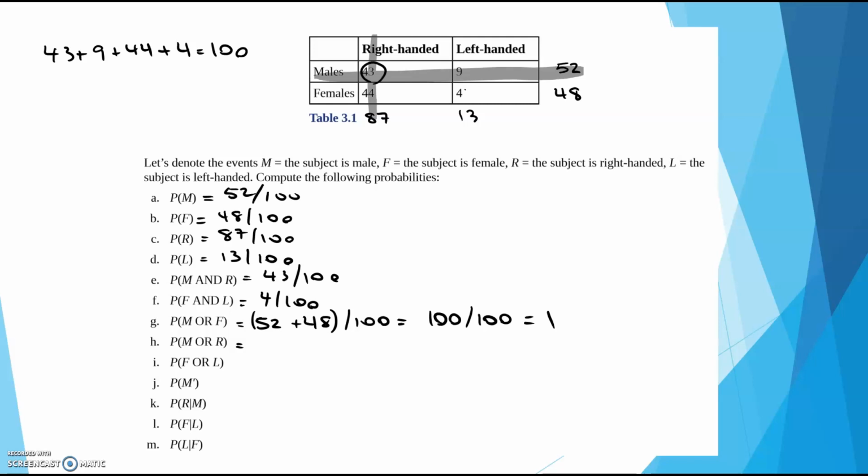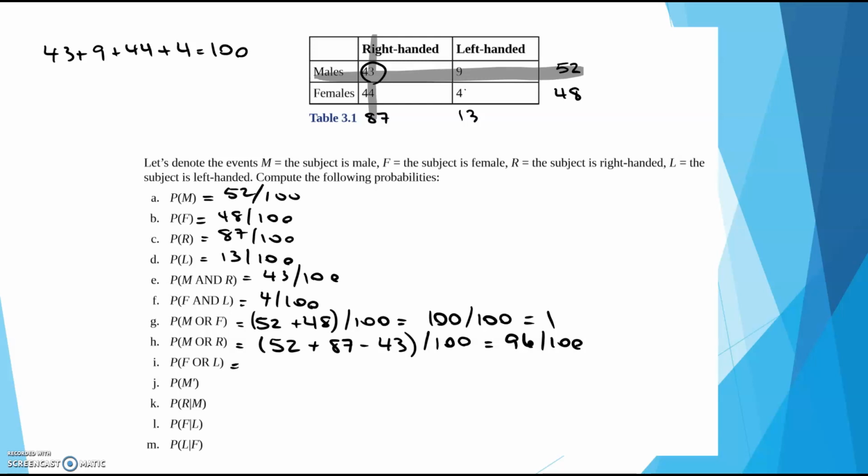I counted these 43 people once when I counted the guys, and then I counted these 43 people again when I counted right-handed people. So what I need to do is add the 52 plus the 87, but then subtract the 43 once. So now it's not counted twice, it's only counted once. And then I'm going to divide by 100. It will give us 96 out of 100.